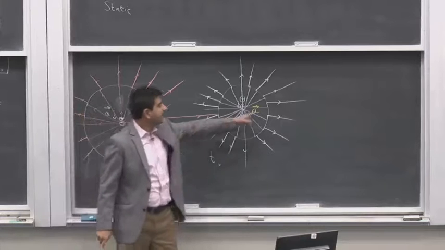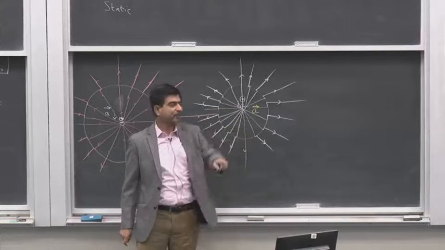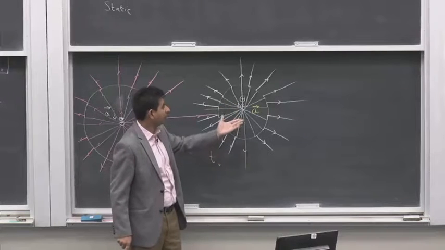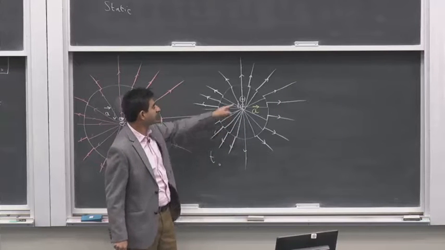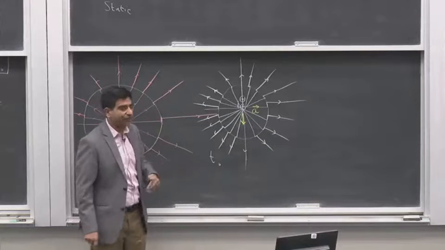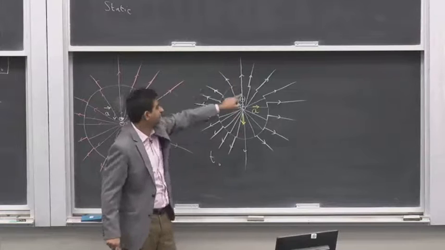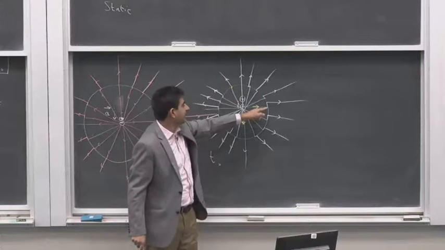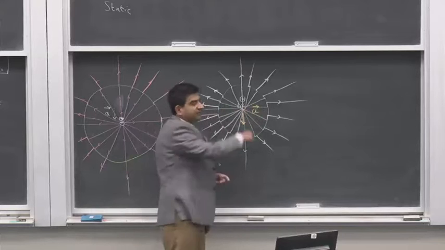Notice that the kinks are largest normal to the direction of the acceleration. Let's look at the acceleration. The acceleration vector for this charge is downwards. So in a plane which contains the acceleration vector, which is parallel to the acceleration vector, there are no kinks. However, in a direction that is normal to the acceleration vector, the kinks are largest.